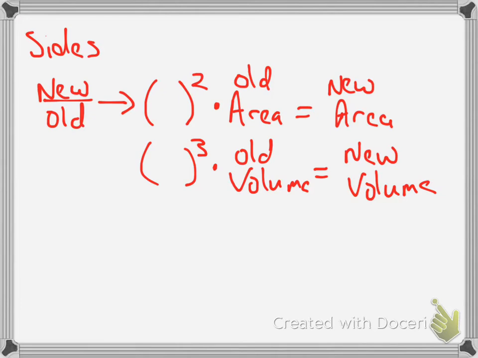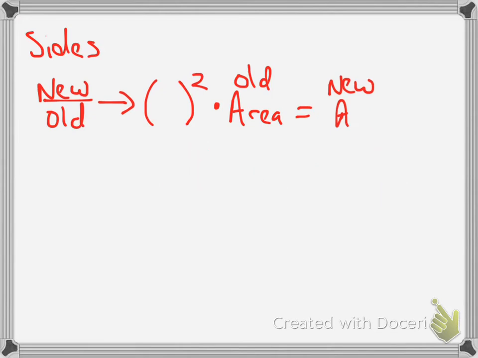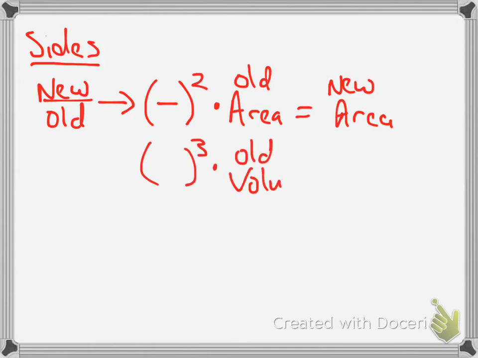Before, if you had new over old, and you were given the sides, you squared it and multiplied by the old area, and you got the new area. Well, now we're going to cube it, and if I multiply by the old volume, I will get the new volume.